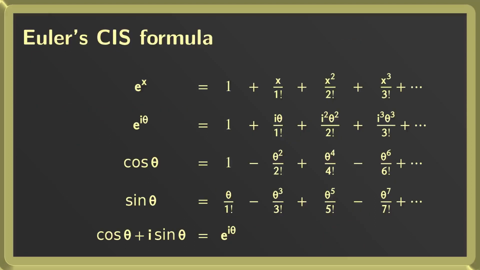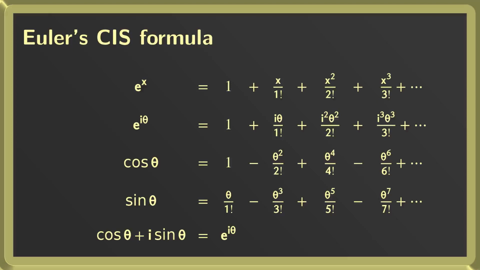The second example is from college trigonometry. One of the many gems which Euler gave us is the famous cis formula. This expresses the trigonometric functions sine and cosine in terms of a complex exponential as displayed. Euler considers the series representation of the exponential function.